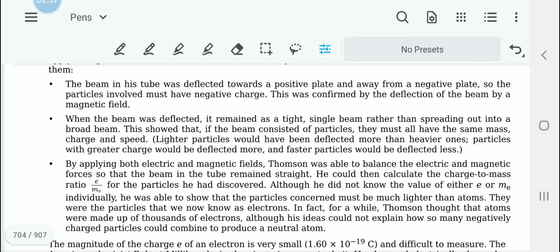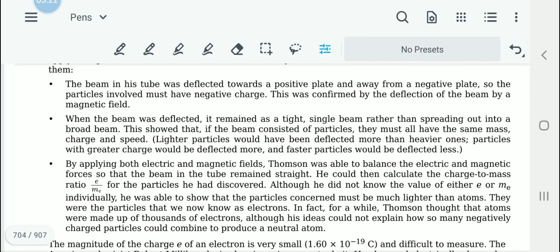So then he used both electric and magnetic fields. He used both fields to balance the beam so that it remained straight along the horizontal axis. Then he calculated the charge to mass ratio, e upon m_e, for these particles.